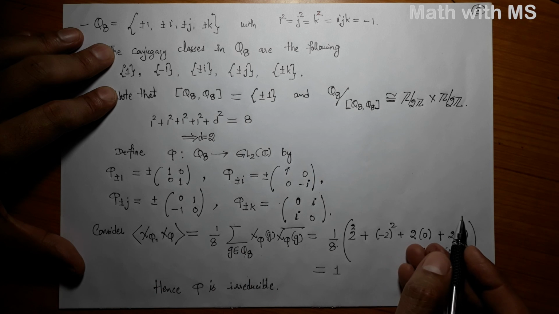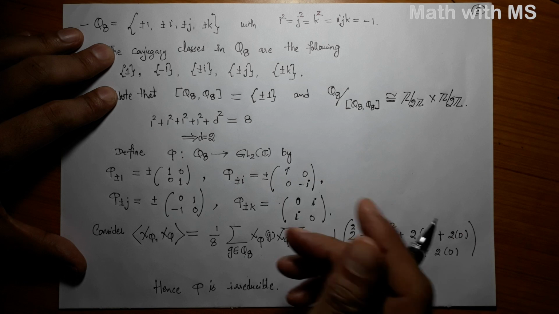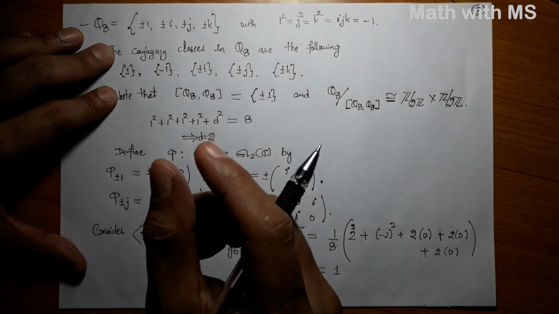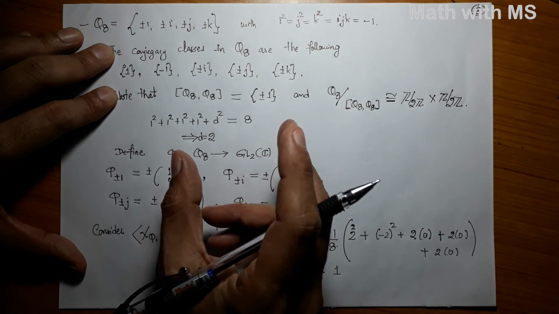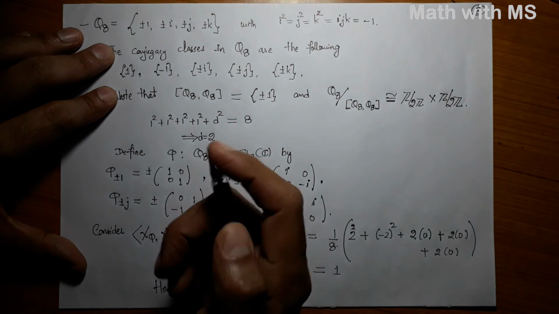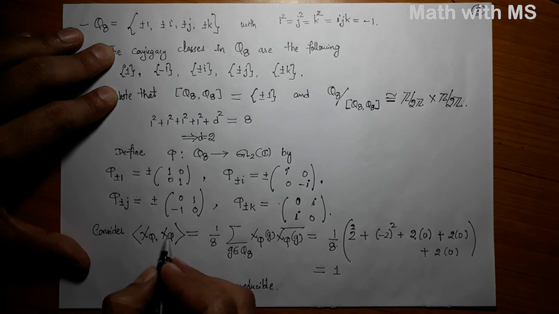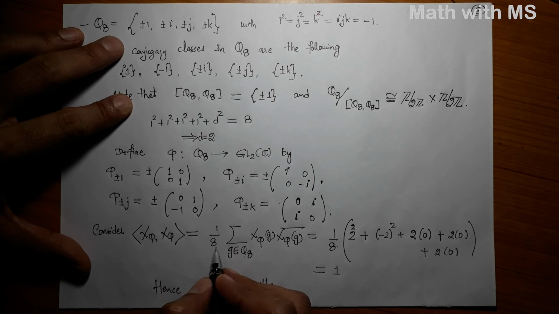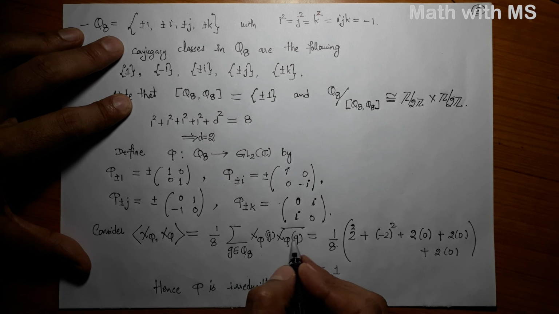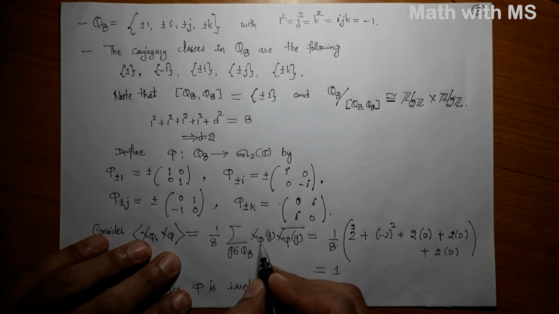Now I use a criterion for irreducibility of a representation, which says that a representation is irreducible if and only if the inner product of its character with itself is 1. So let us compute the character inner product, which is 1 by the order of the group, summation over g in the group, of chi phi of g times chi phi of g bar. What is chi phi of 1?